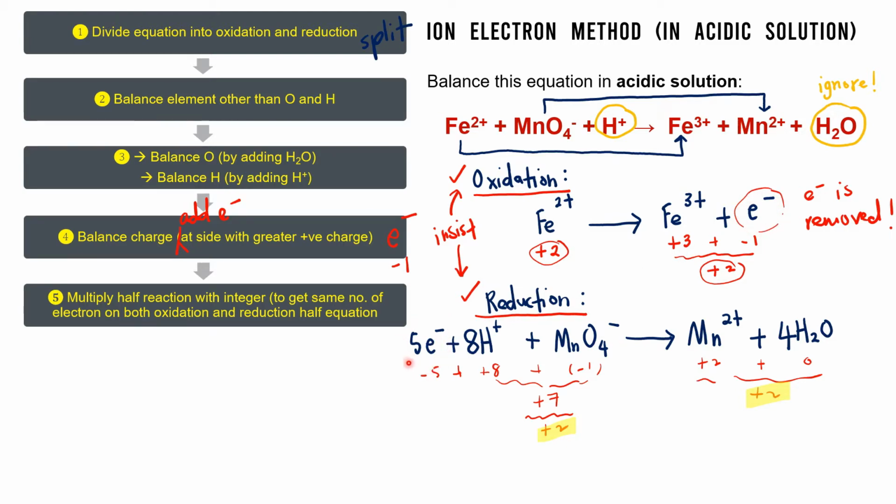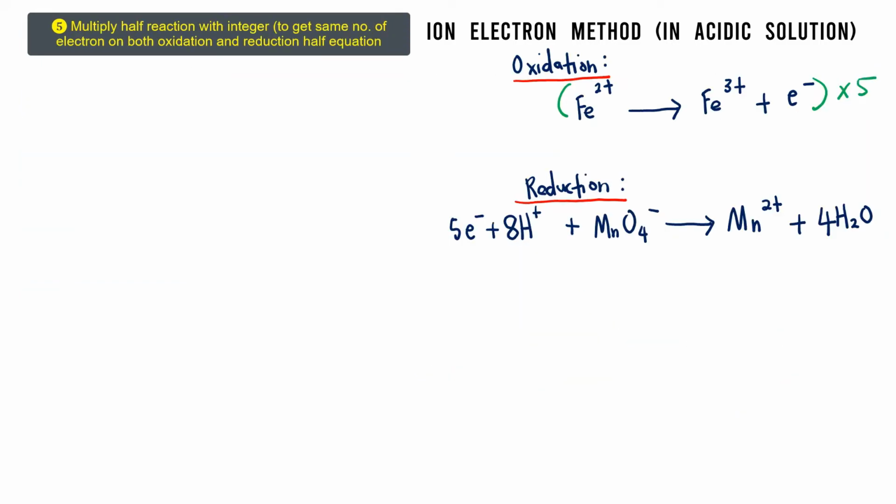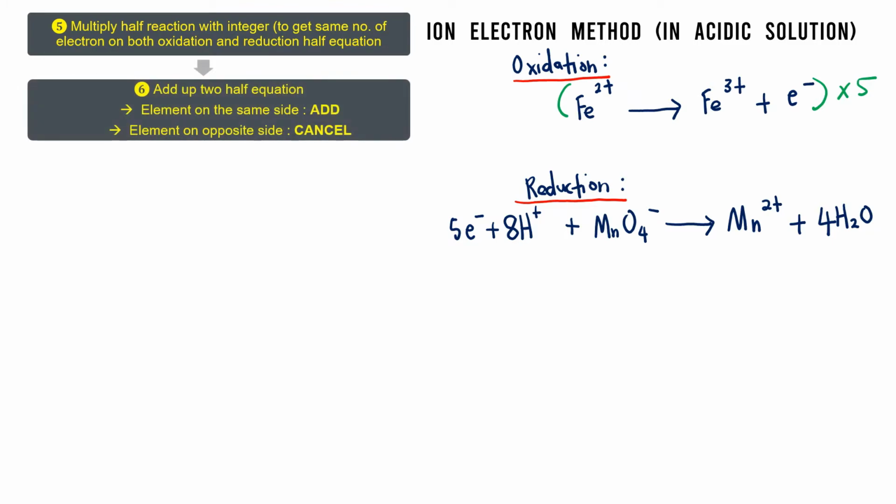So they are not balanced. So now what we have to do adalah darab half equations ini supaya mereka mempunyai bilangan elektron yang sama. Oxidation half equation must multiply with 5 so that the number of electrons on this part will equal the number of electrons in reduction half equation. So then we have to rewrite our half equations.